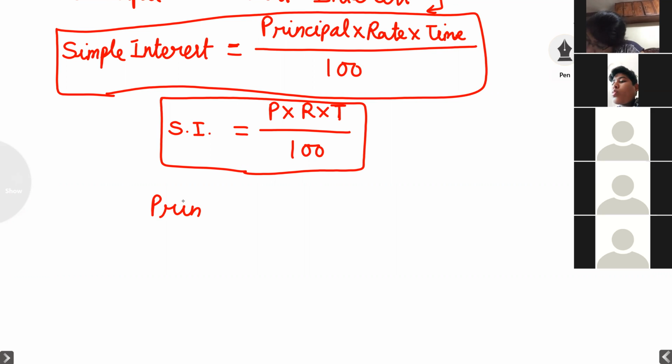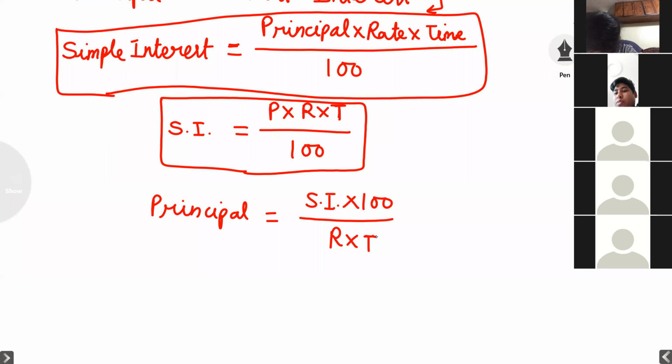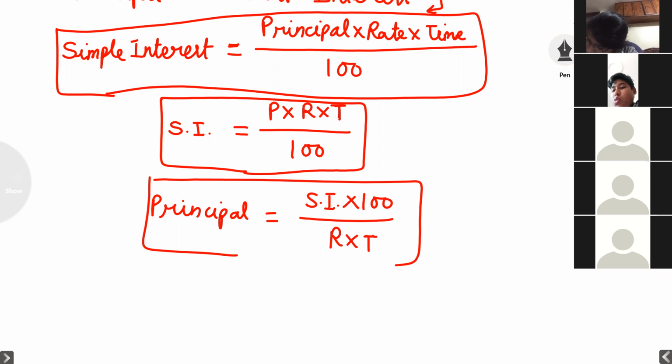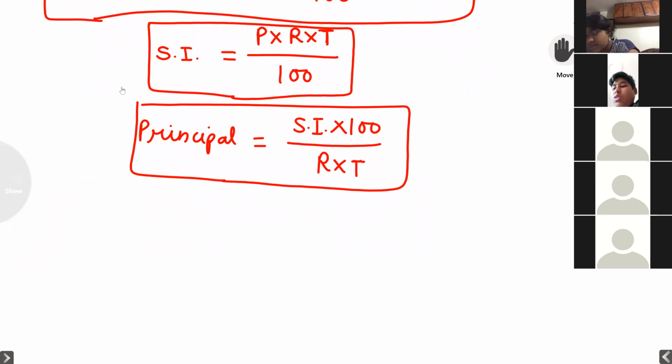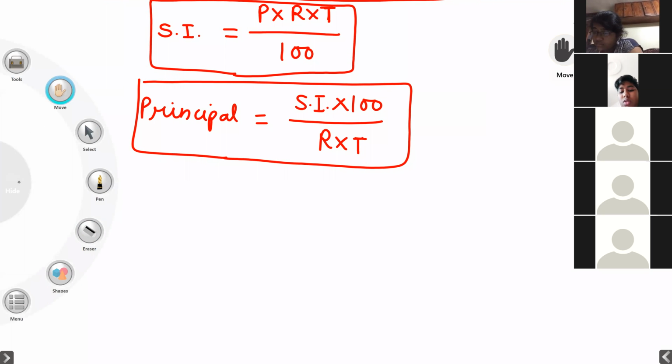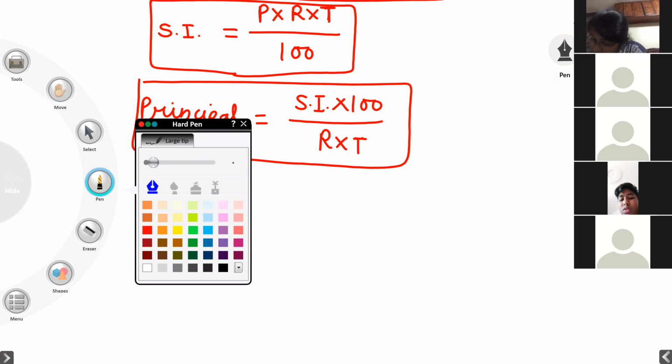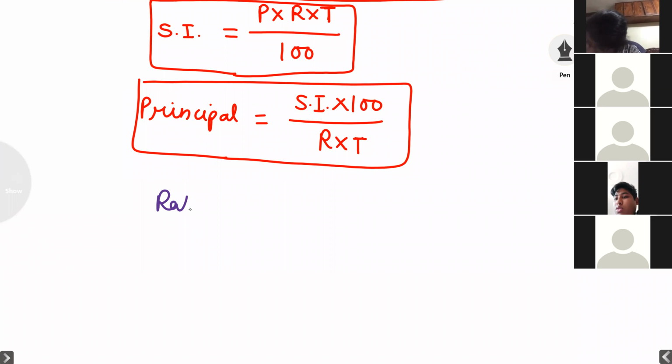Principal is equal to SI into 100 divided by rate into time, R into T. Next, rate is equal to SI into 100 divided by principal into time, P into T.